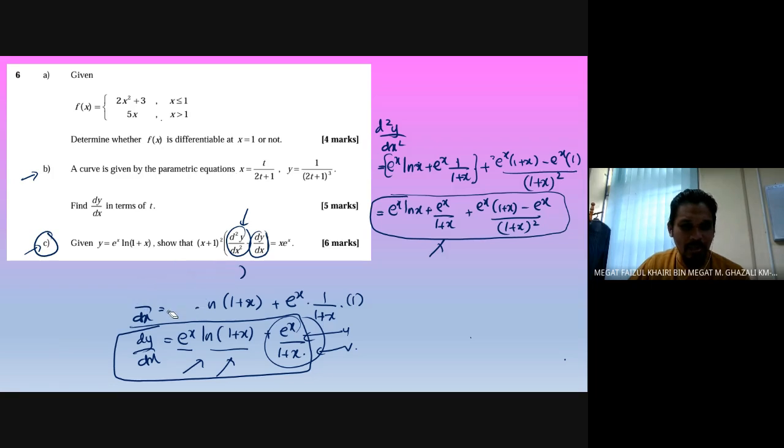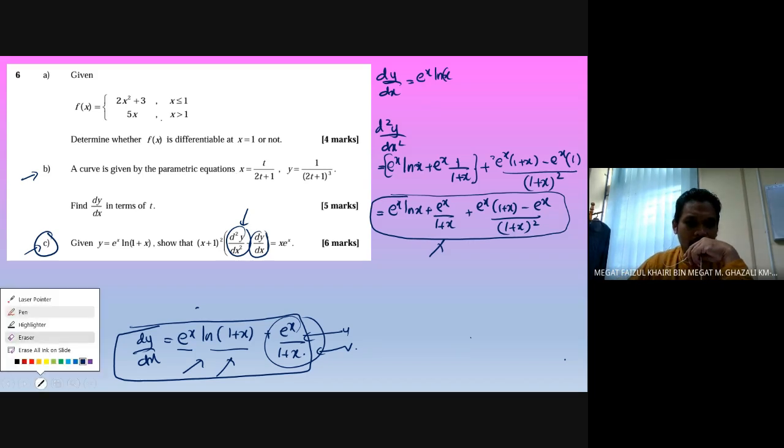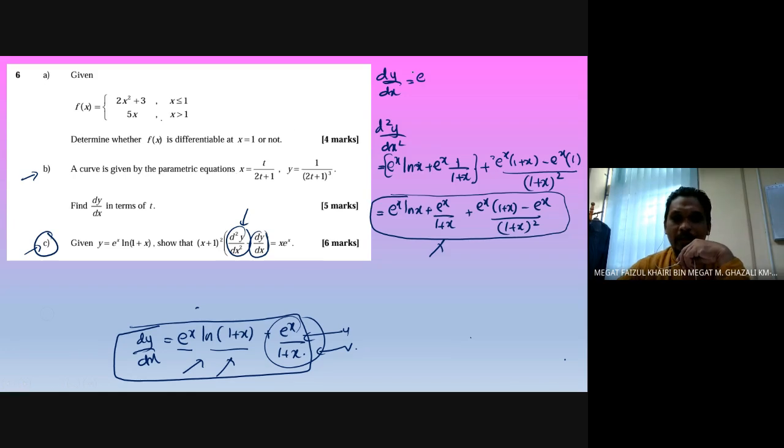Kalau saya nampaklah di jalan kerja dia. Okay, first derivative dy/dx equal to e^x ln(1+x) plus e^x divided by 1 plus x.